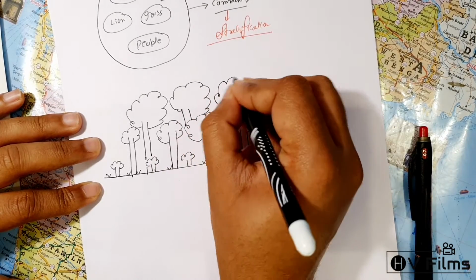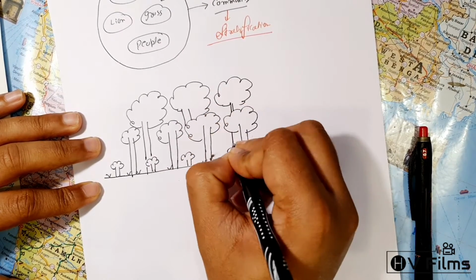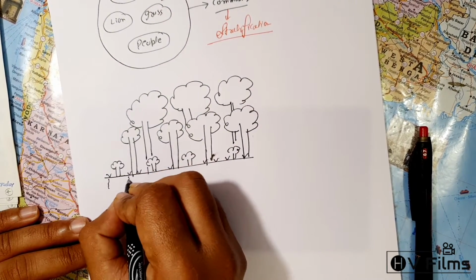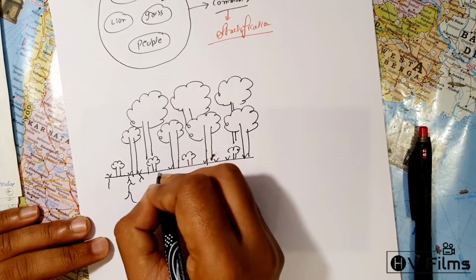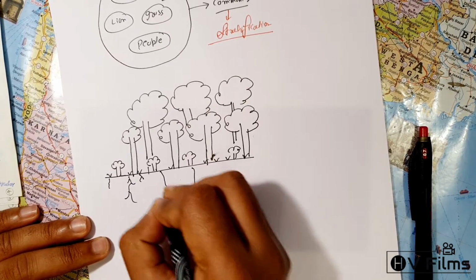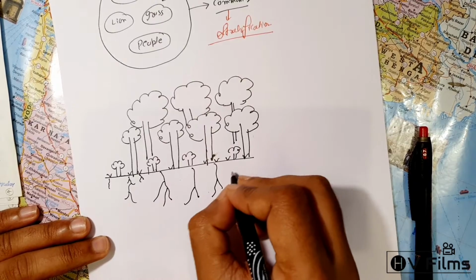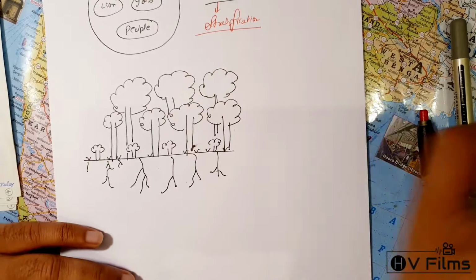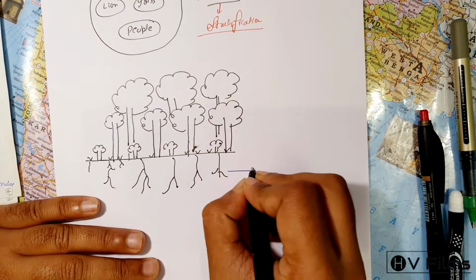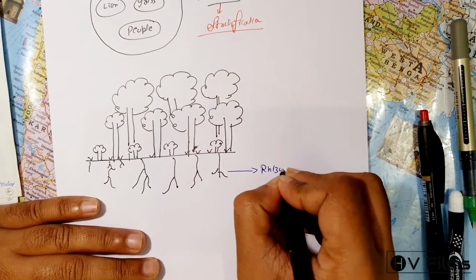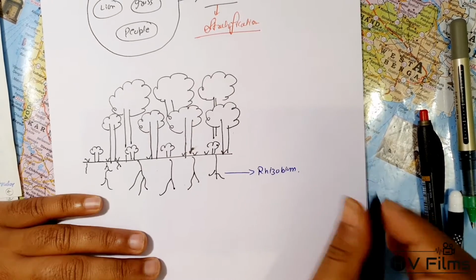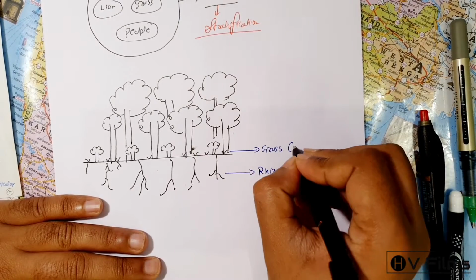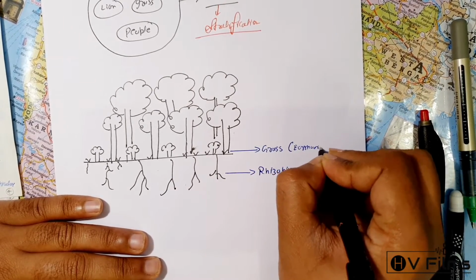And then even bigger trees are there. So here, if we see, these are the roots of some of them. All right. So here, this is an example of stratification.